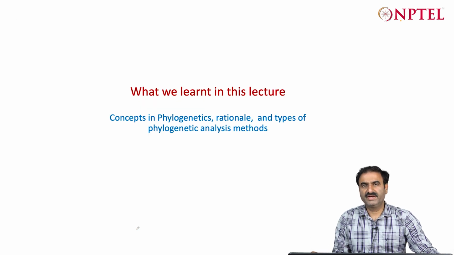So in this lecture we looked at the concepts in phylogenetics and how they can be applied to construct a bacterial phylogeny, the different types of phylogenetic analysis methods, the significance of phylogenetic analysis, and the input for the analysis, which is the alignment data.